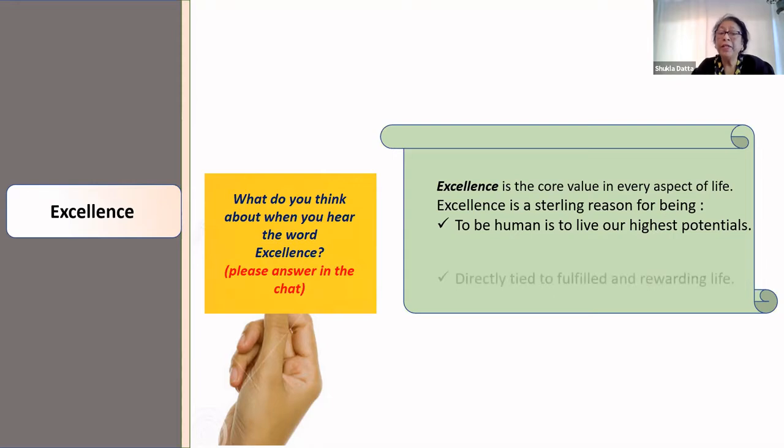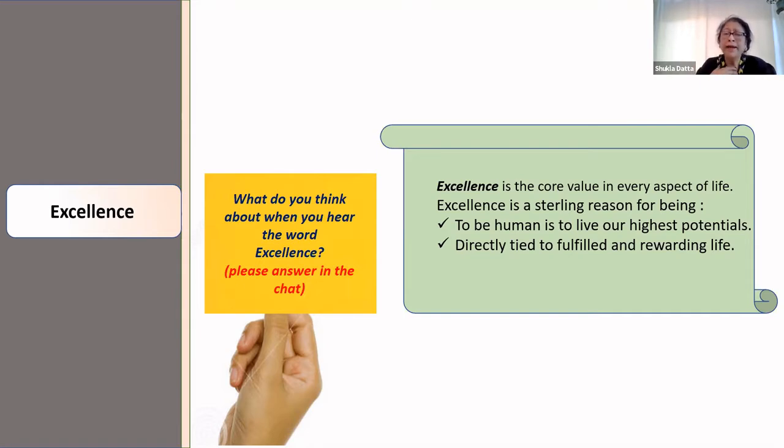Because to be human is to live our highest potentials. As someone said, we human beings have 8-cylinder engines. And no, not 8, in fact, it is 10-cylinder engines. And what we do is run with only 1 cylinder. So we have to use our full potential. Also, it is directly tied to a fulfilled and rewarding life.